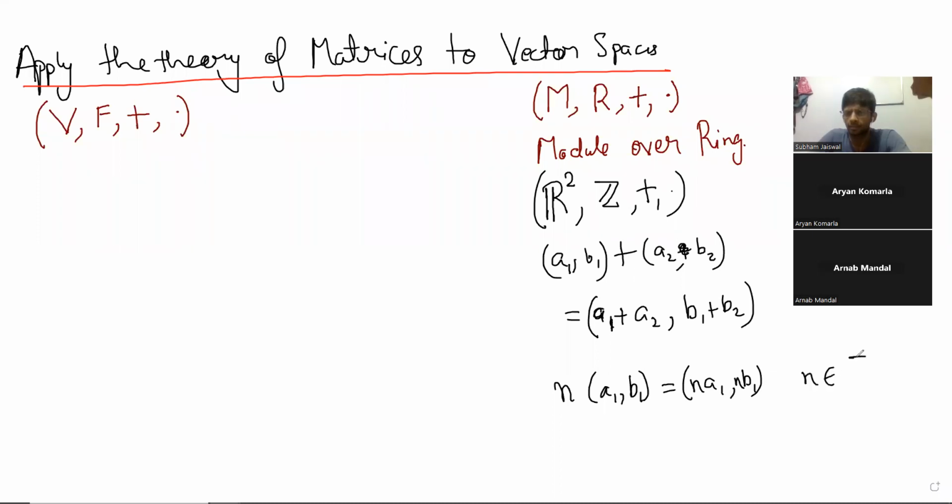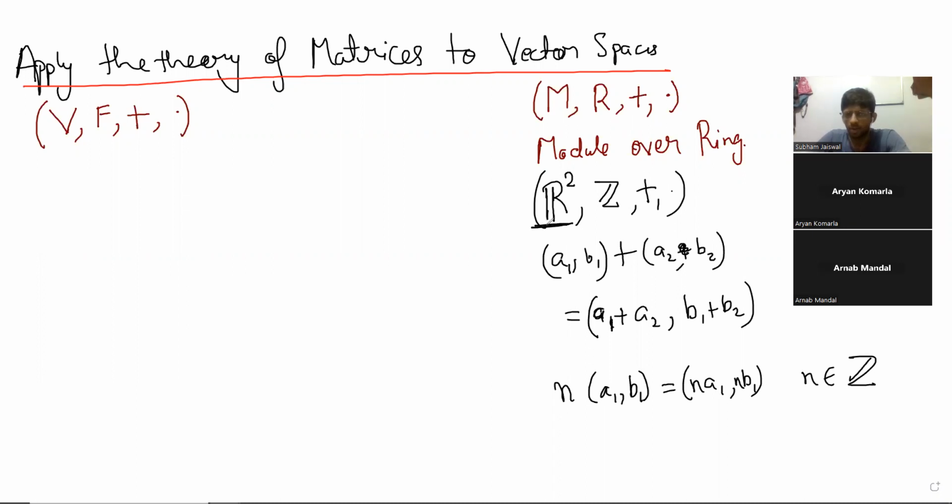Is it fine? It is just like a module over, sorry. That's the whole module over ring, like for R squared with Z. Right.